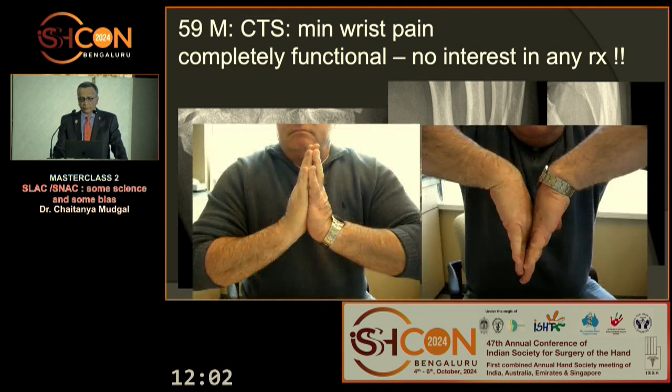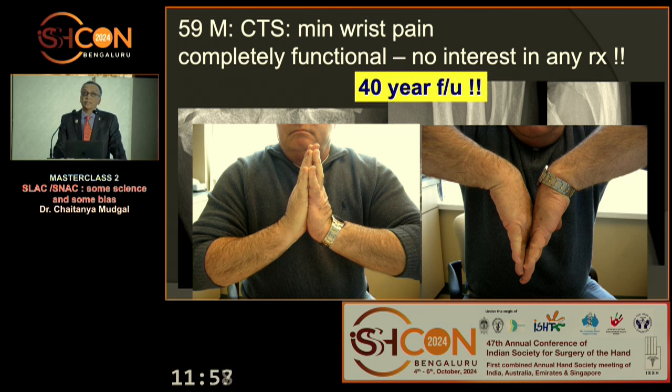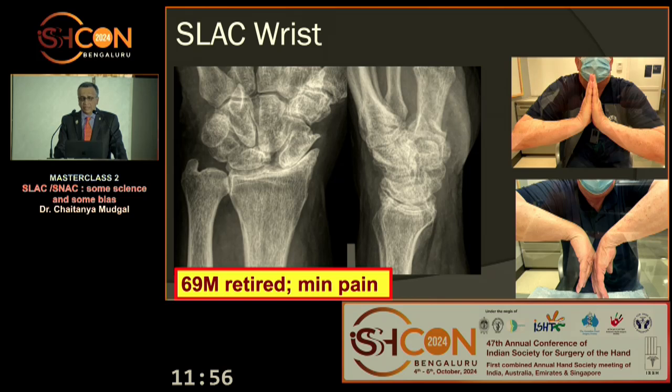And this is the range of motion. This is 40 years since he sustained an injury in high school. And he had absolutely no interest in any of my advice for that. He came to see me for carpal tunnel syndrome, thereby just reiterating the point we made that all scaphoid non-unions do not need addressing in the future based on whether they're B1s or B2s.